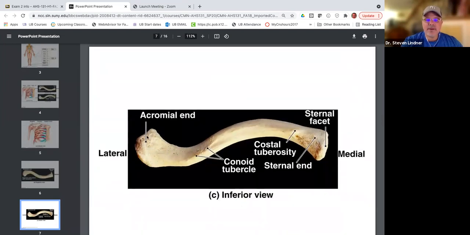The sternal end also has a facet for it to articulate with the manubrium. On the inferior view, we can see the conoid tubercle, and that's for the conoid ligament that will attach to it.